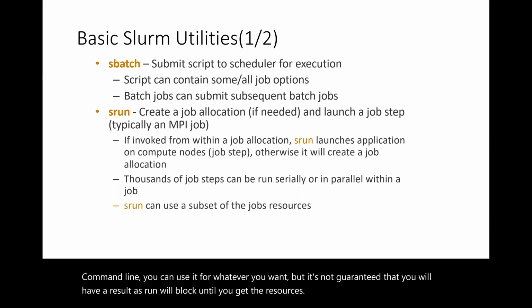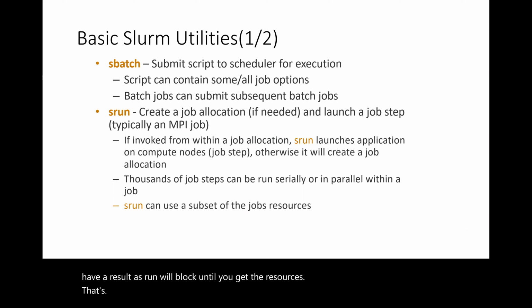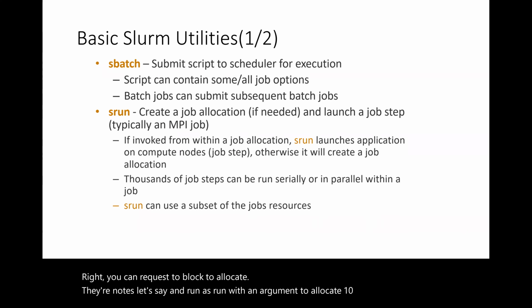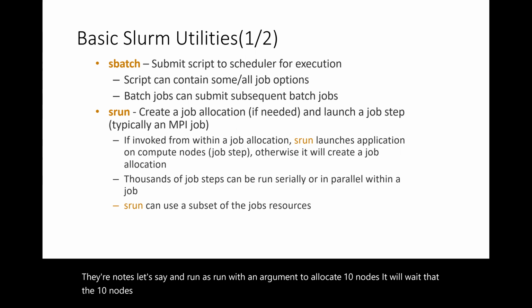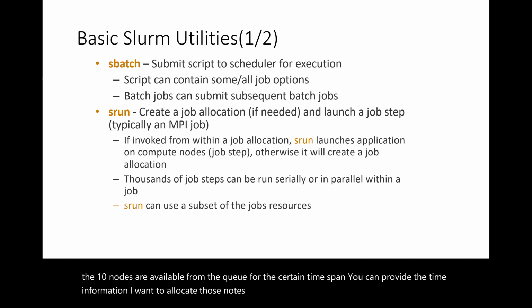And in this case, you could run multiple jobs inside an allocation, right? Right. You can request to allocate 10 nodes, let's say, by running srun with an argument to allocate 10 nodes. It will wait until the 10 nodes are available from the queue for a certain time span. You can provide the time information, for example, I want to allocate those nodes for 10 minutes.